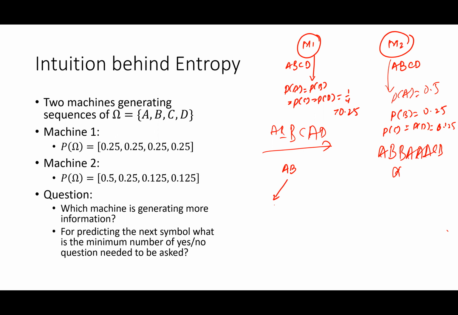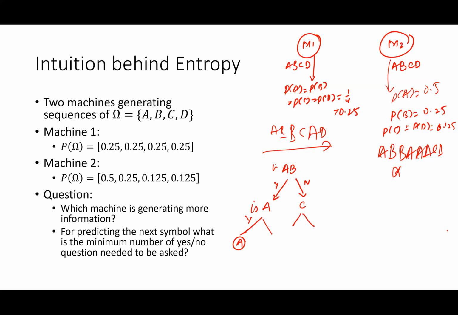If it is yes, then it is either A or B. And if it is no, then we might ask another question, is it C or D? Here we might ask whether it is C. And here we might ask whether it is A. Now if it is A, then we say, okay, it's A.